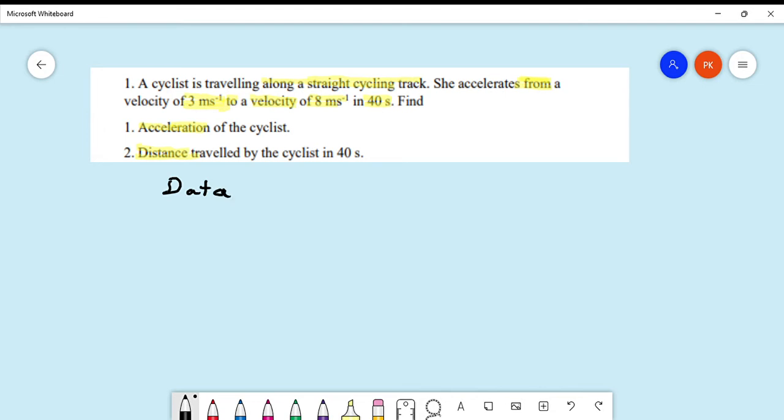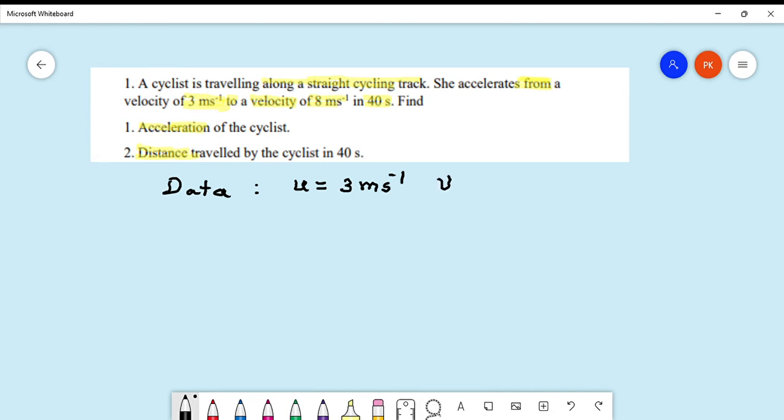Now, the cyclist is accelerating from the velocity 3 meters per second. From means what is given to you? Yes, correct. U is given to you, 3 meters per second. Now to a velocity of 8 meters per second means what is that?